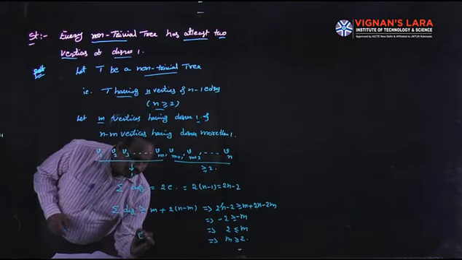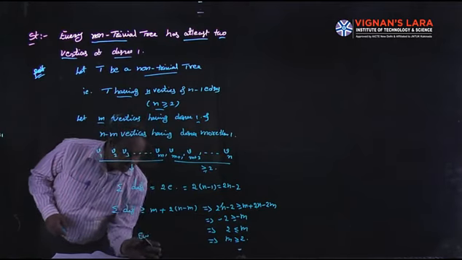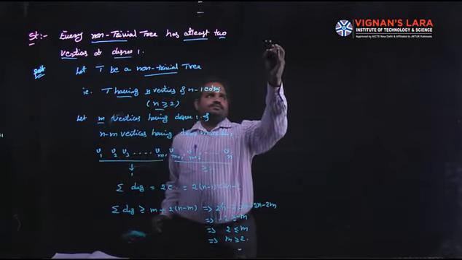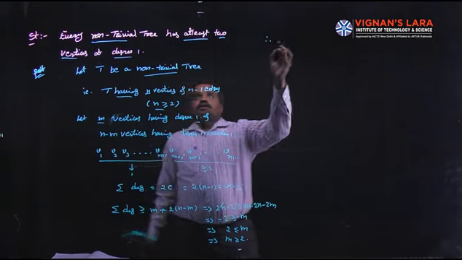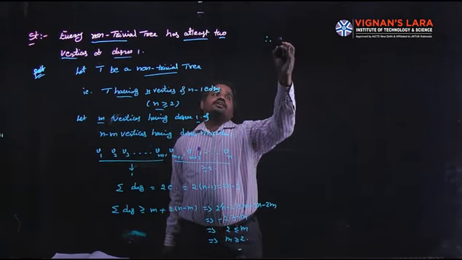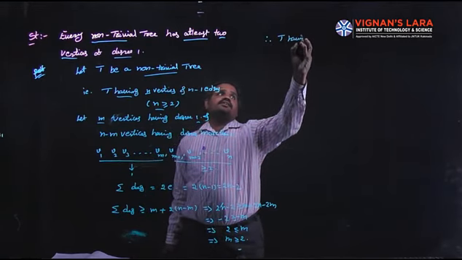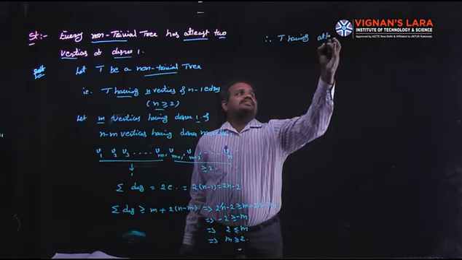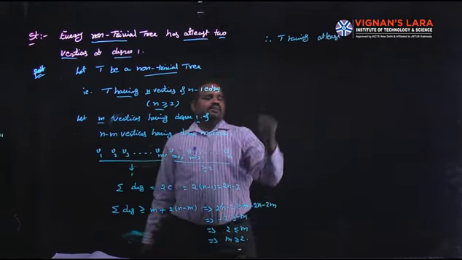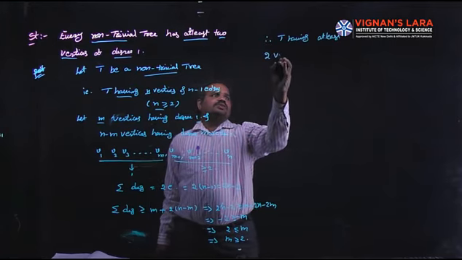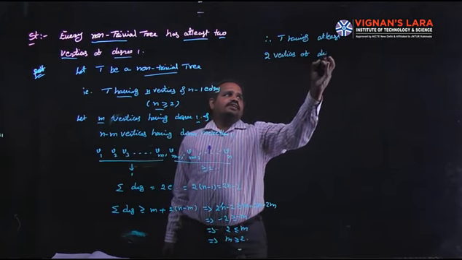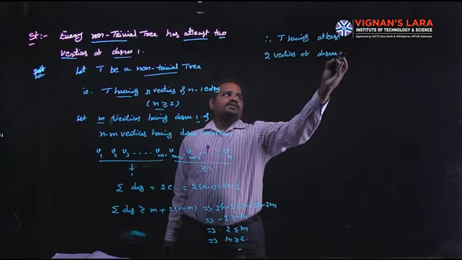Therefore, a non-trivial tree T has at least 2 vertices of degree 1.